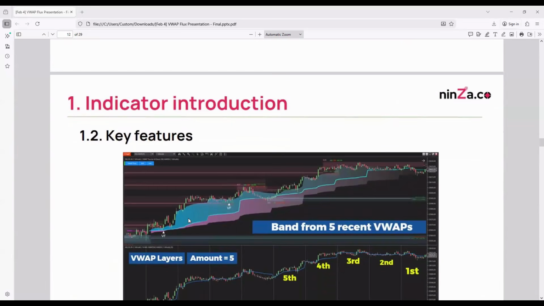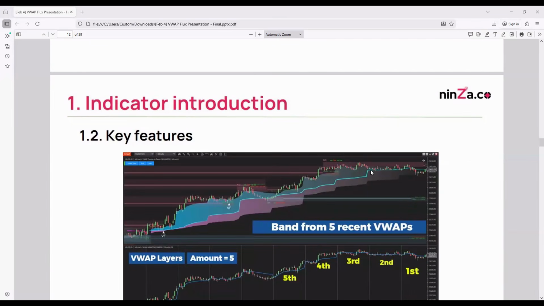So now these clouds or bands or shades, I'm not sure exactly how they would refer to them, tell you simply, are we in a bullish situation or are we in a bearish situation, right? So obviously price is above the blue or above the line, right? That's bullish. Everything on this chart here is bullish.